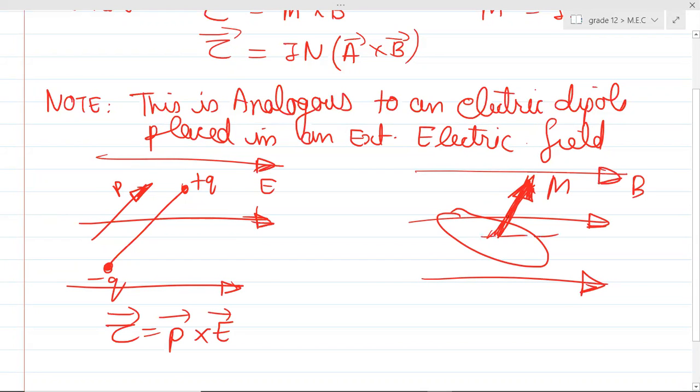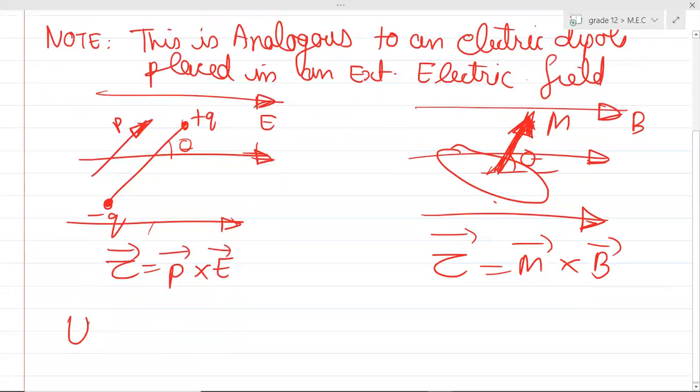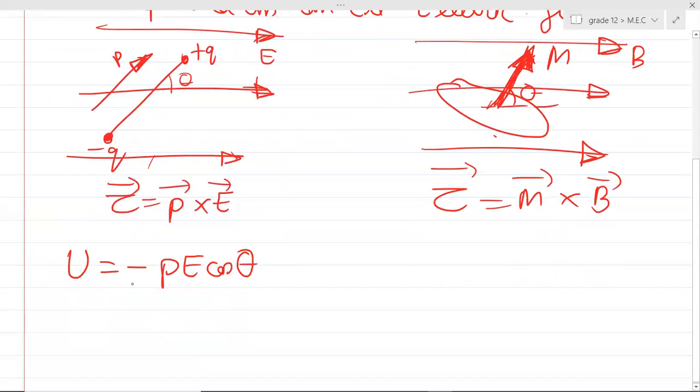Can you see, guys, again this is the same thing. Are this and this analogous? Can you understand the analogy? Here the torque was P cross E, here the torque is M cross B. Do you remember, guys? Here the potential energy was minus P E cos theta. So here the potential energy will be minus M B cos theta.